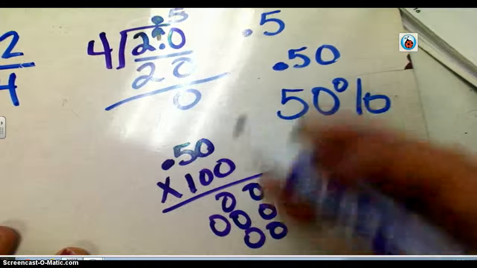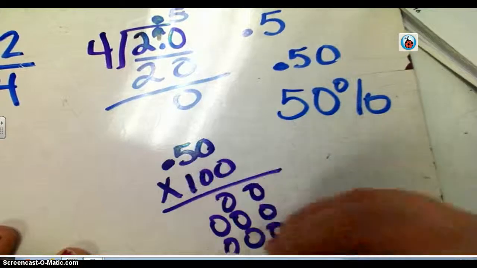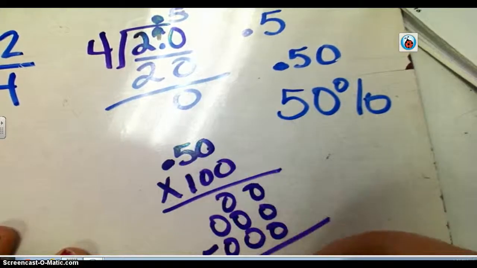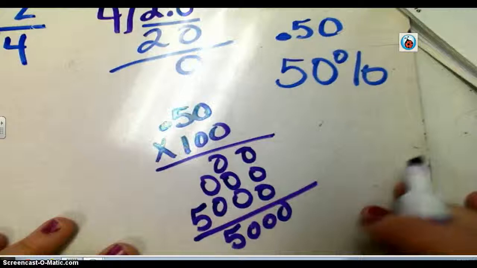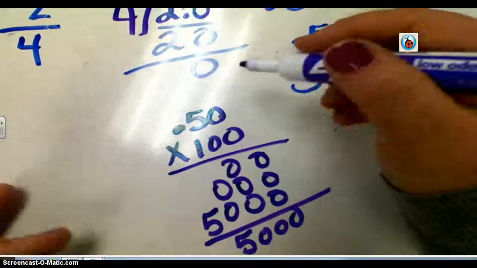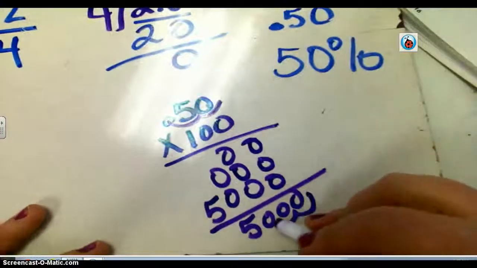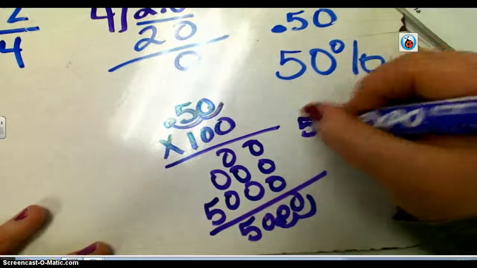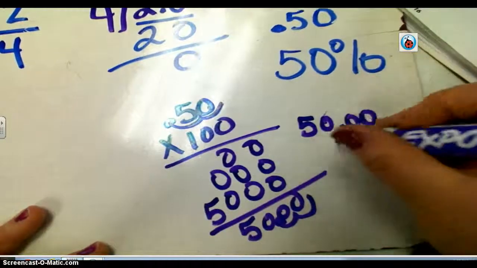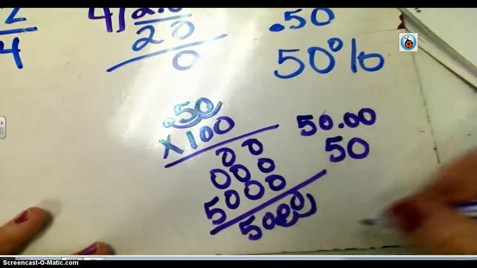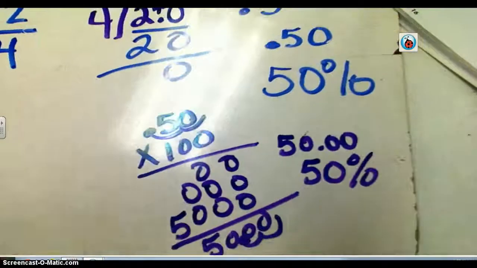Okay, 1 times 0, 1 times 5. Okay, then I could add all those together. Now, multiplication of decimals says count your decimal spots, put them in the answer. Then I would get 50.00, which is the same as 50, add your percent sign.